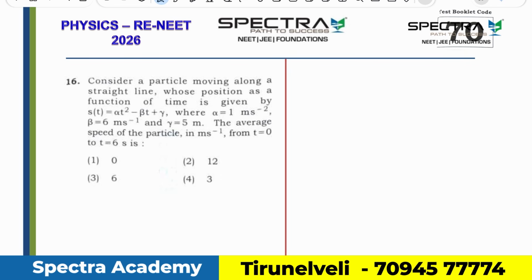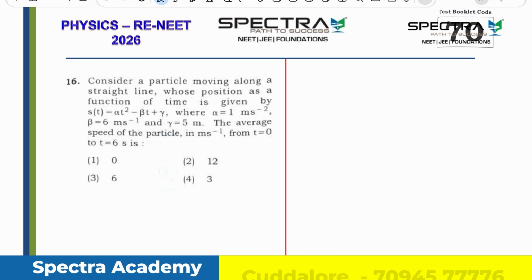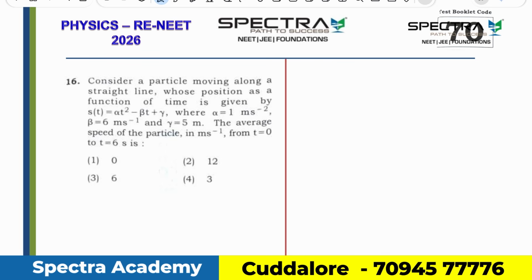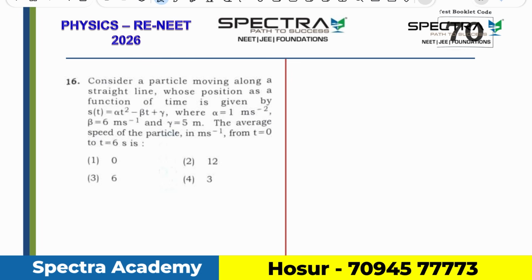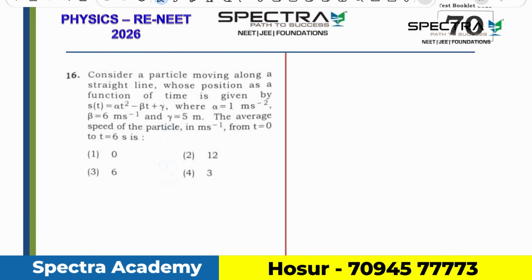Regarding this question, we have to be very careful because the given equation is displacement and they are asking you average speed. So what we have to check is whether there is any point where the body will have a velocity 0. Because if the body comes to momentary rest, then the body will retrace the path. In that situation, displacement and distance are different. So that is the first thing we should verify.